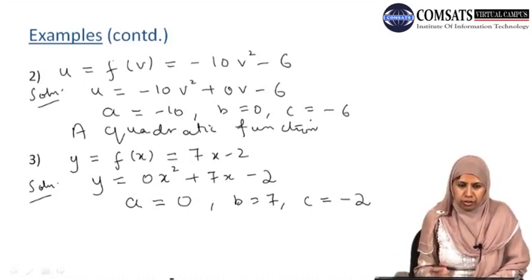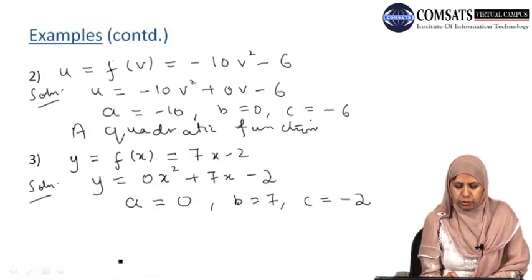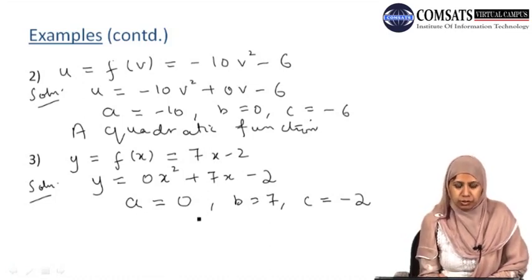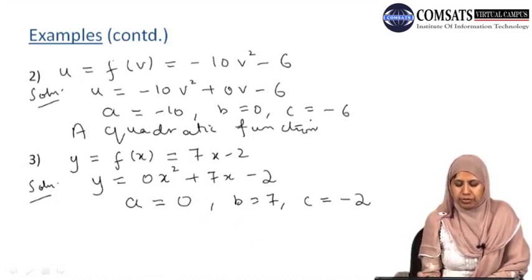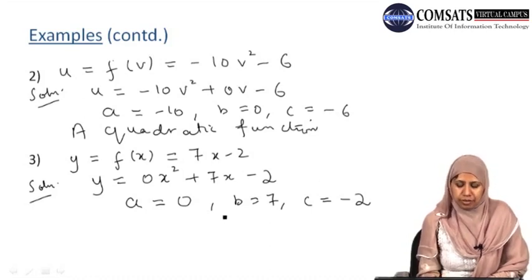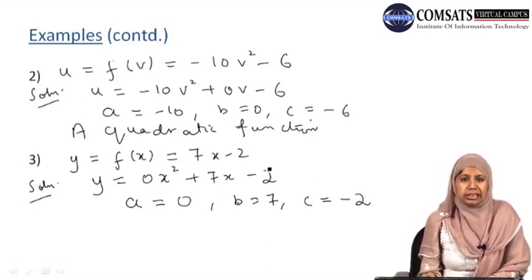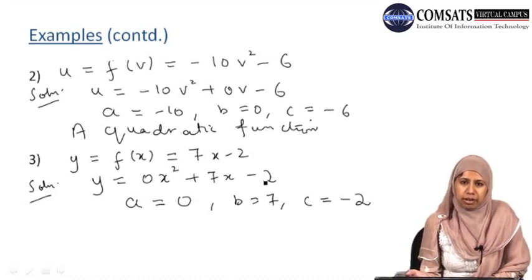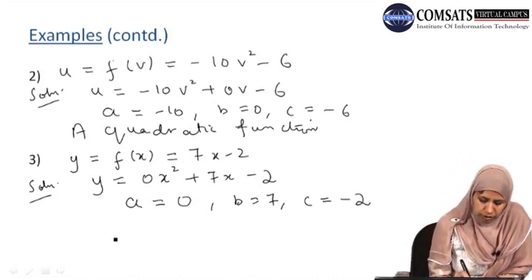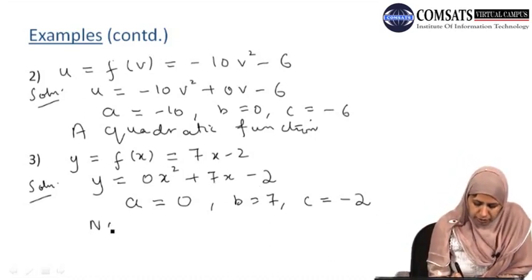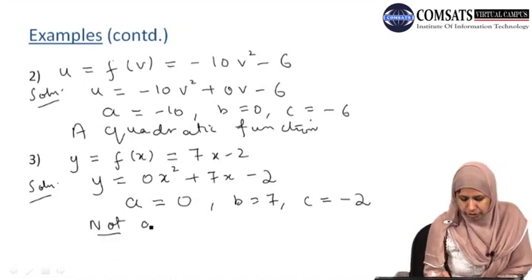And we have already said that if the coefficient takes the value 0, then we are reduced to a linear function. So this is basically a linear function 7x minus 2 and not a quadratic function.